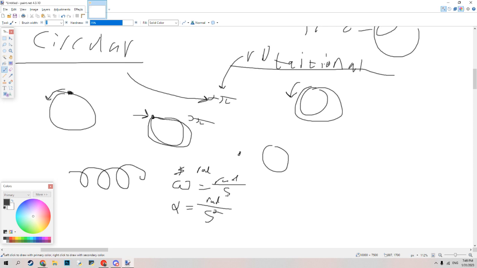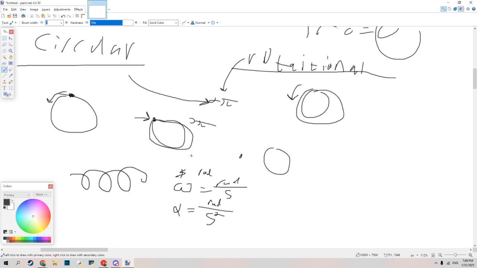So what do we actually do with this information? We don't really want to go ahead and invent a whole new system for angular kinematics when we already have a perfectly reasonable and useful, not to mention correct, system for linear kinematics.